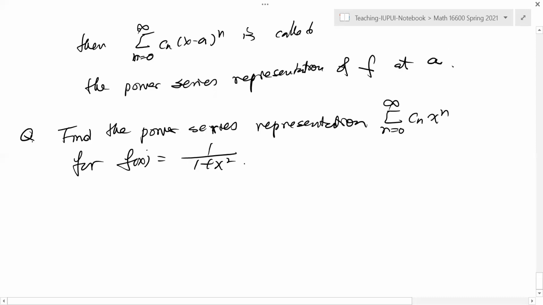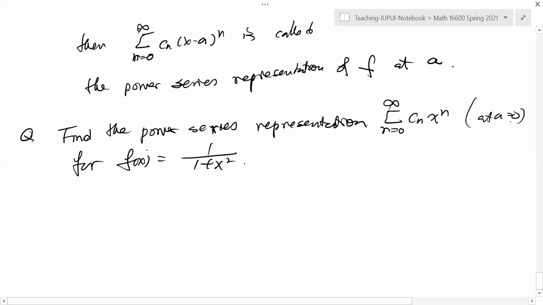More precisely, at a equals 0. So I have to find the power series that is convergent near 0, and that should be equal to 1 over 1 plus x.